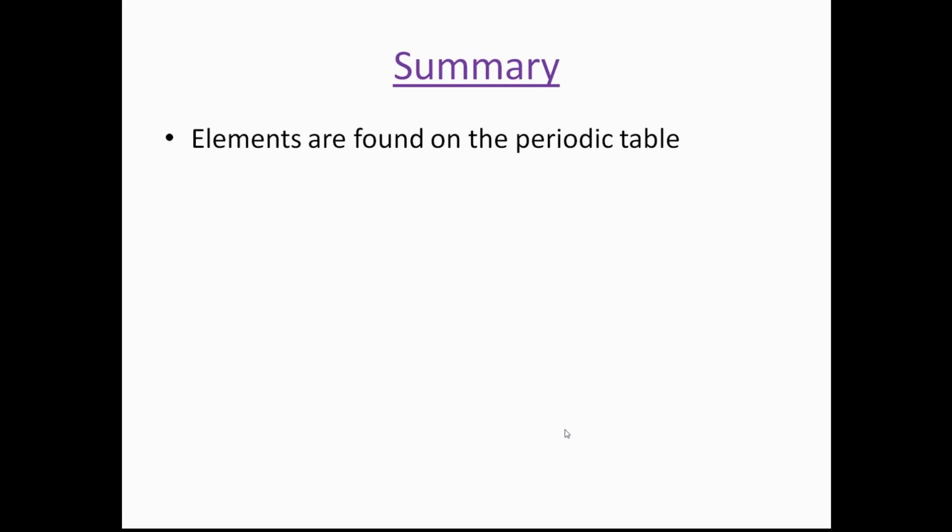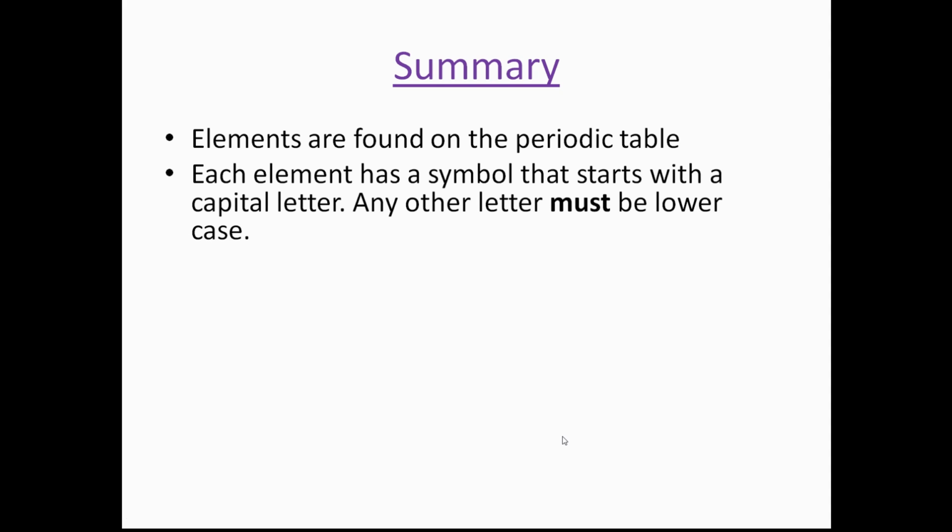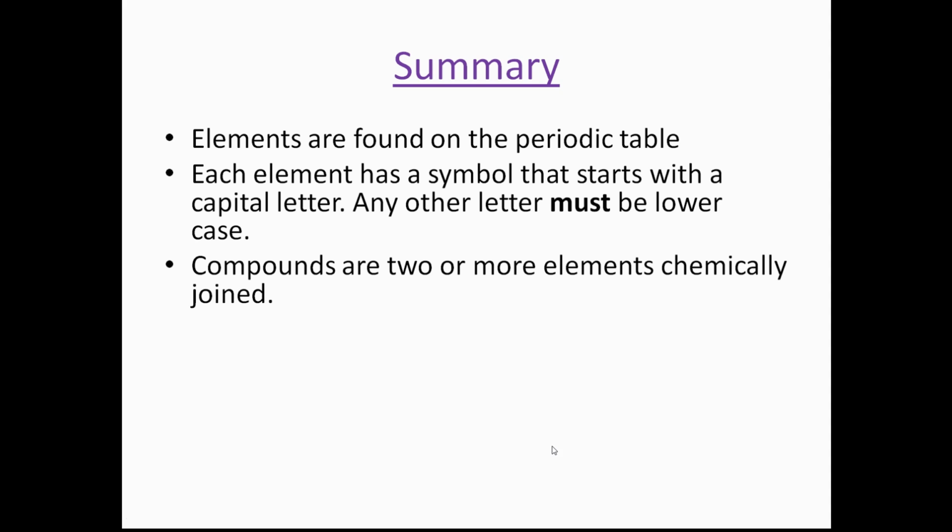Well done, guys. Okay, a little summary now then. Elements are found on the periodic table. Each element has a symbol that starts with a capital letter, and any other letter in an element's symbol must be lowercase. Compounds are two or more elements that are chemically joined, and they have their own chemical formulas, which will contain the symbols of all the elements that make them up.